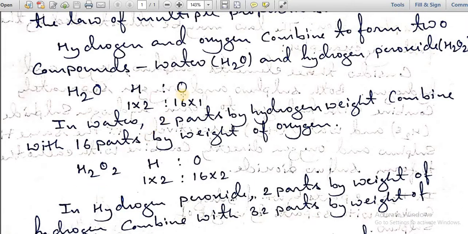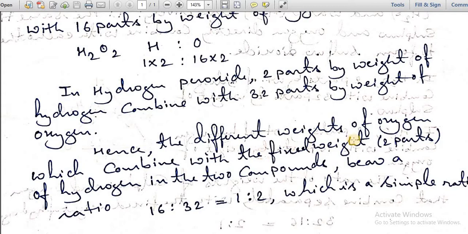The different weights of oxygen which combine with the fixed weight, that is 2 parts of hydrogen, in the two compounds bear a ratio 16:32. This 16 is the parts by weight of oxygen in water, and this 32 is the parts by weight of oxygen in hydrogen peroxide. So it is 16:32, which comes as 1:2, which is a simple ratio.